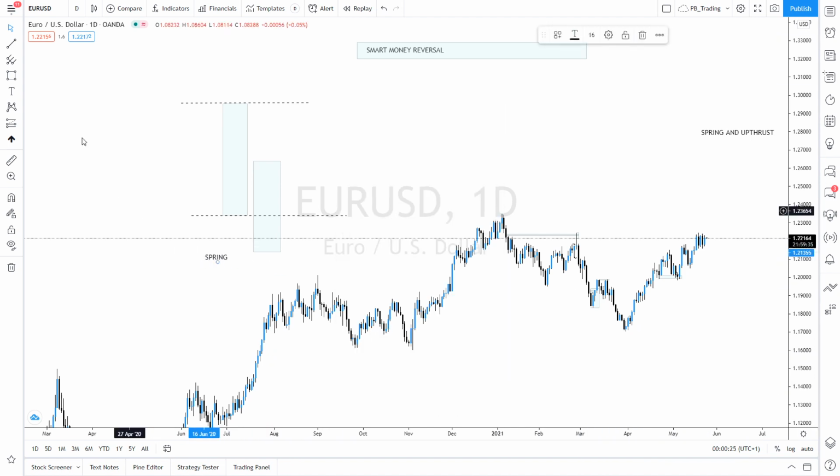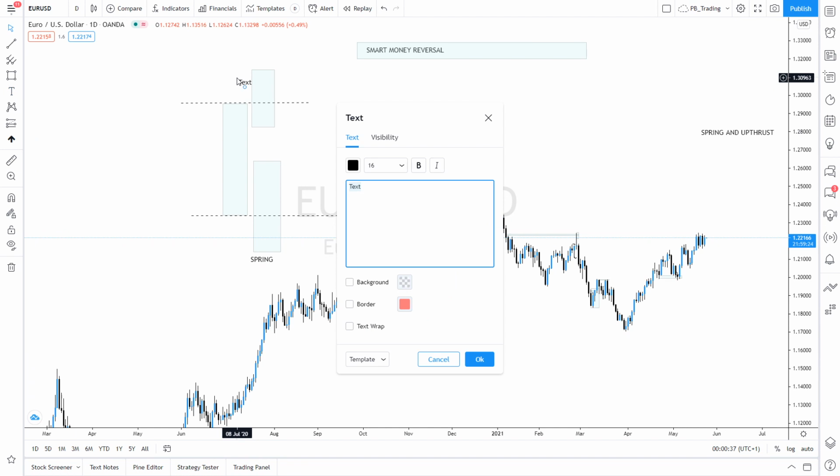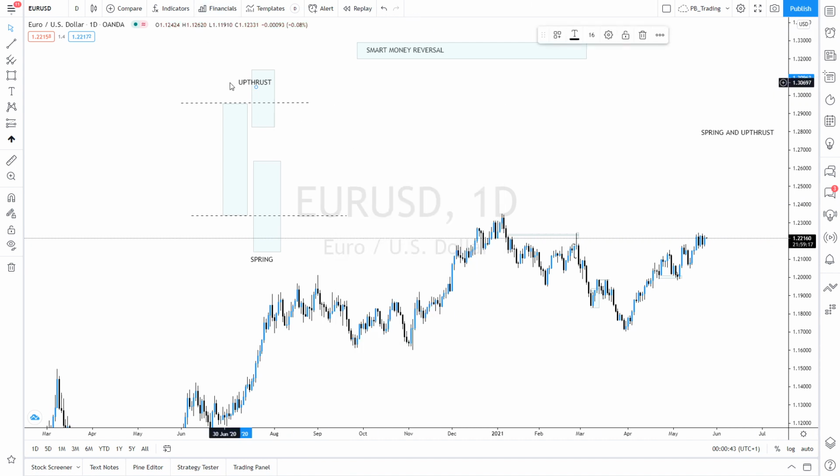So we have spring here, and we have price thrusting to the highs of our daily range, then we have what is termed as the upthrust. Once we have established what spring and upthrust is using our daily range, like I said, you can look at it from the monthly view or the weekly view, but I prefer making use of the daily range.